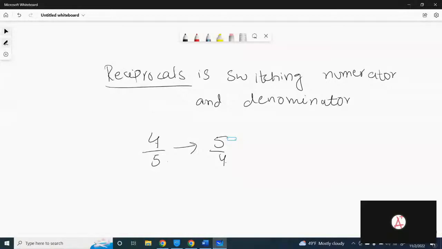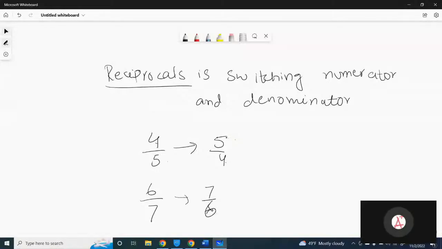Okay, let's do another example. What is the reciprocal of 6 over 9? So what would be the reciprocal then? You have to switch the numerator and denominator. So it would be 9 over 6.